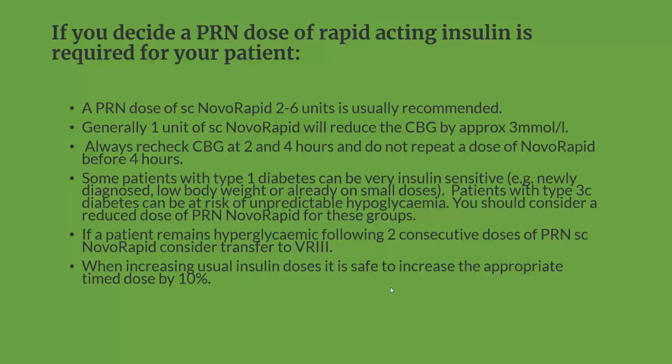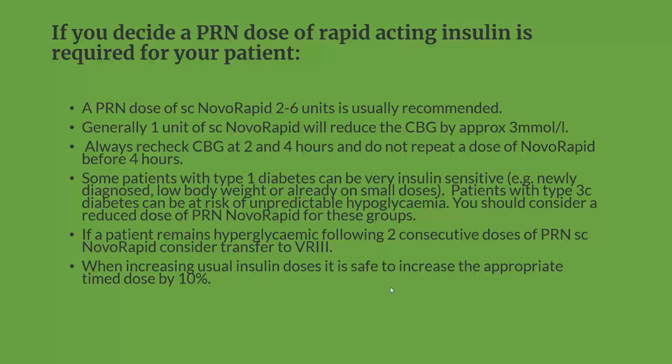So divide this 16 by 3, because each unit of NovaRapid is going to bring down your blood glucose by 3 millimoles. 16 divided by 3 is 5 point something. So I would take 5. I wouldn't take it as 6. So if it is, say, 17 millimoles higher, I would take it as 6. So divide by 3 and then give 5 units of insulin for this patient. And then when do you check your blood sugar?